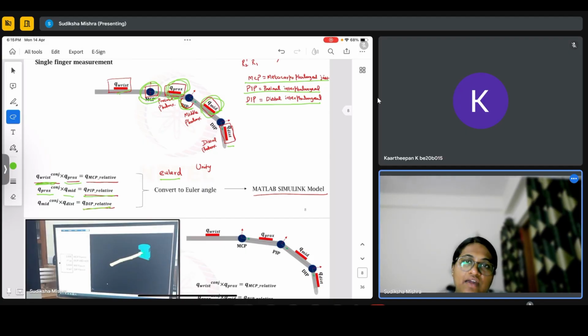And in case of any pathological problems, if there is a change in the movement of the hand, these angles will change, and you can calibrate the results according to each pathology.